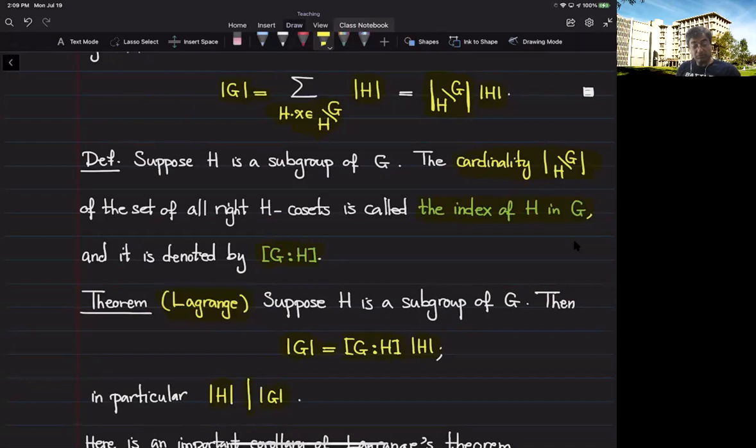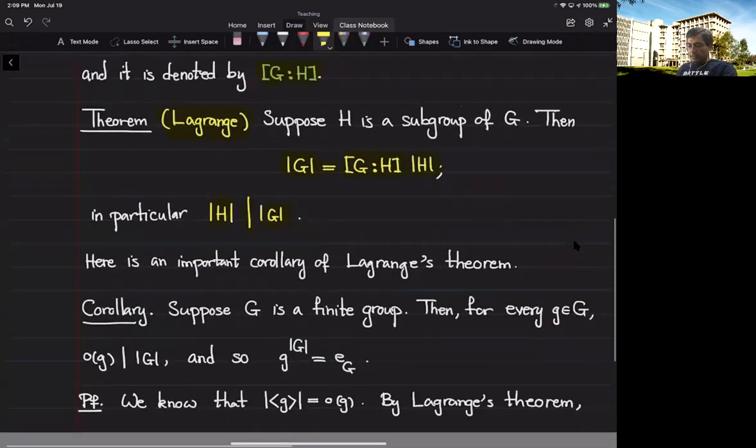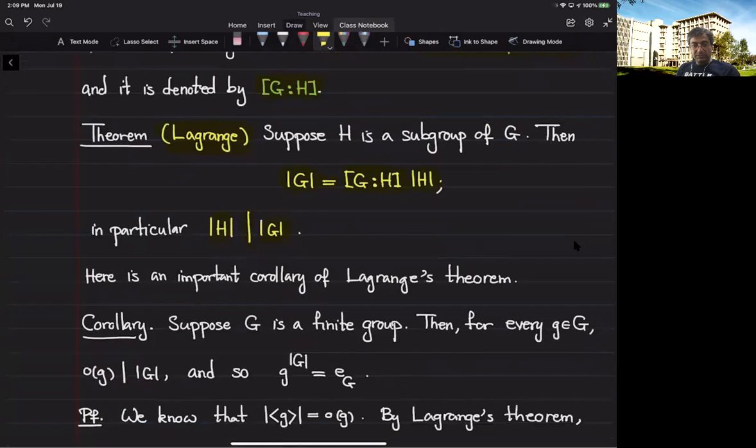This is an extremely important theorem. We will be using this result many times. Here is an important corollary of Lagrange's theorem. If G is a finite group, I can look at the cyclic subgroups of G. I can start with an arbitrary element g of the group, and by looking at the cyclic subgroup generated by g, I get a subgroup of G whose cardinality is precisely the order of the element g.